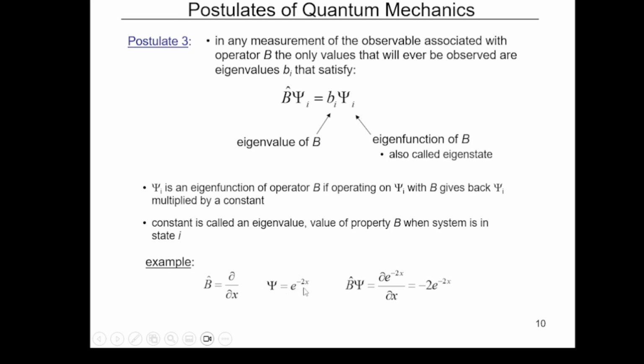Now, if you apply this operator on this wave function, it means we're talking about this partial derivative. It gives back minus 2 from this differentiation along with the value of e to the power minus 2x, that is the original wave function. So the condition in this case is satisfied.